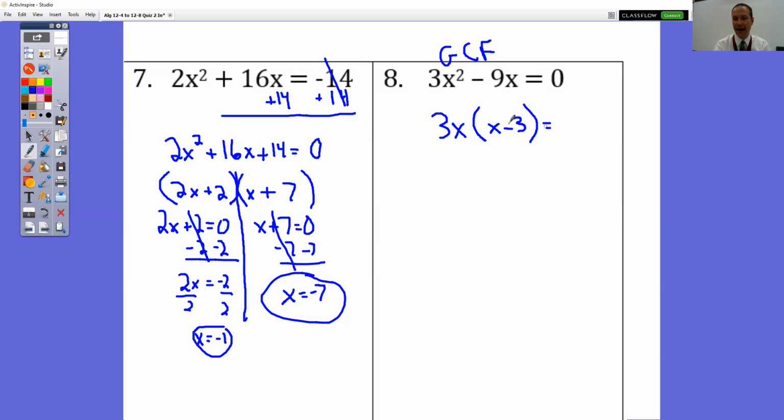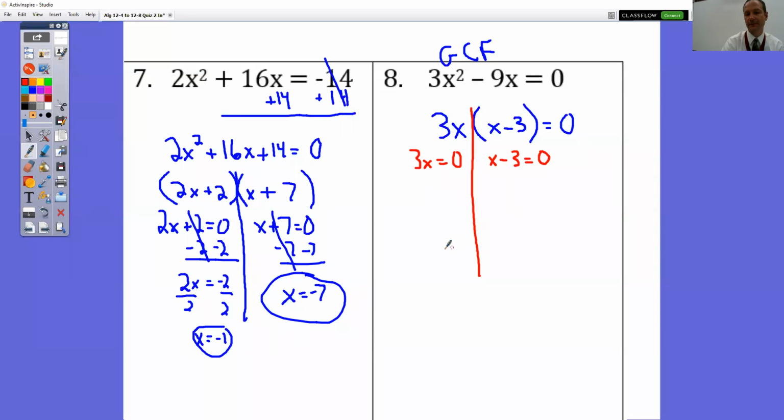You can always check that by redoing the distributive property. 3x times x gives you 3x squared. 3x times minus 3 gives you negative 9x equals 0. In this one now, what you're going to do is draw your line down the middle and set both sides equal to 0. I know that we did this a long time ago, it seems like.